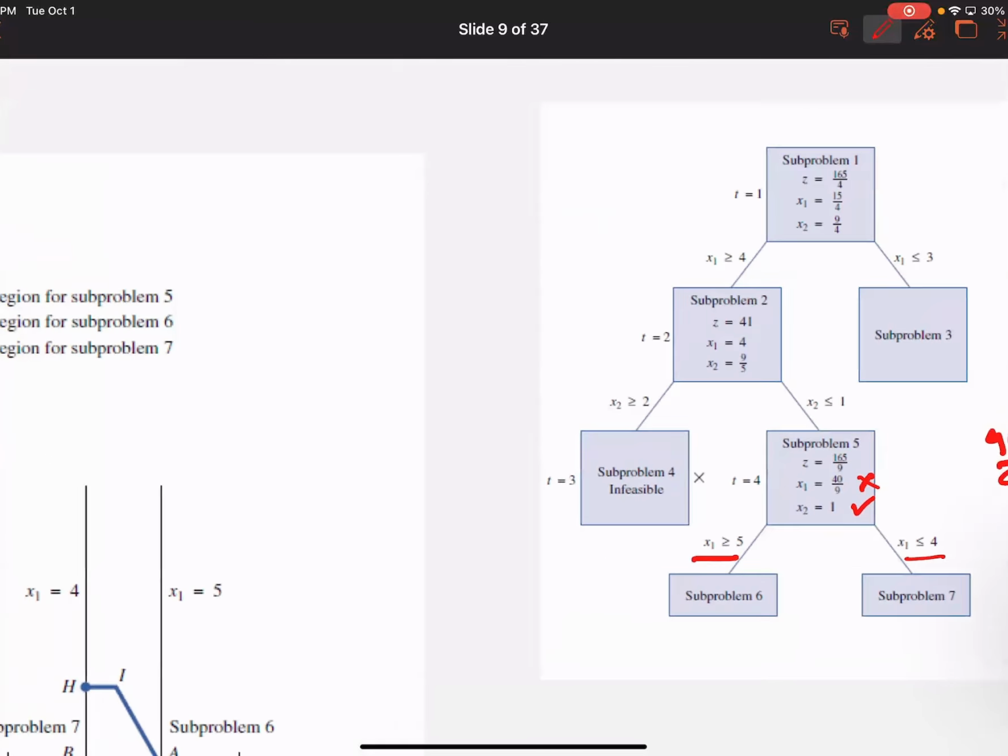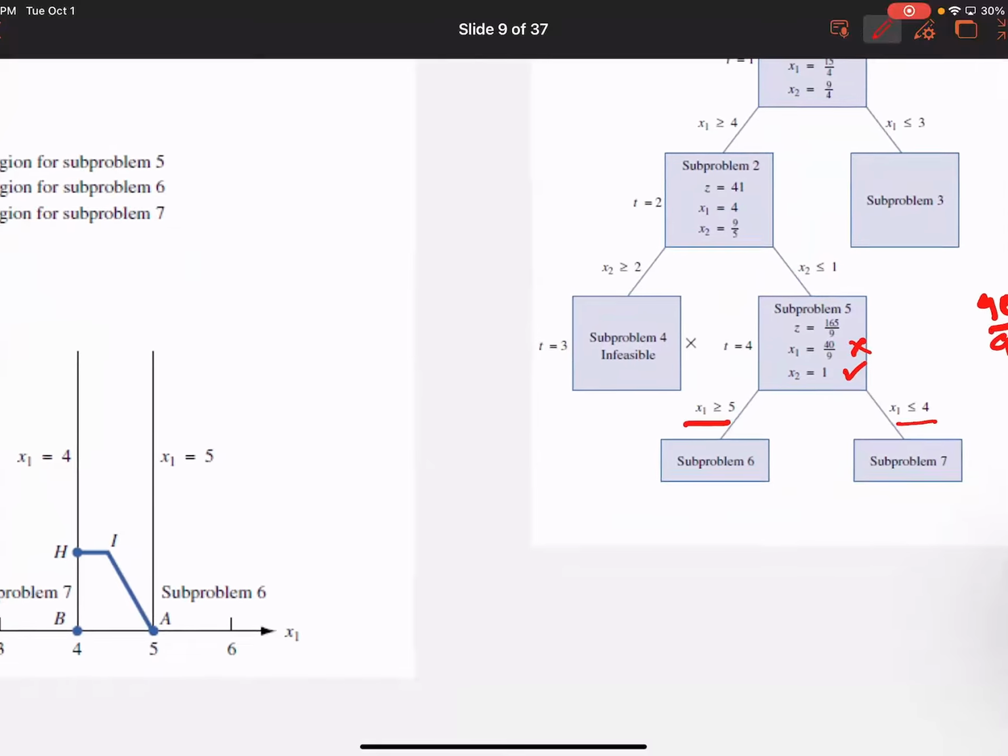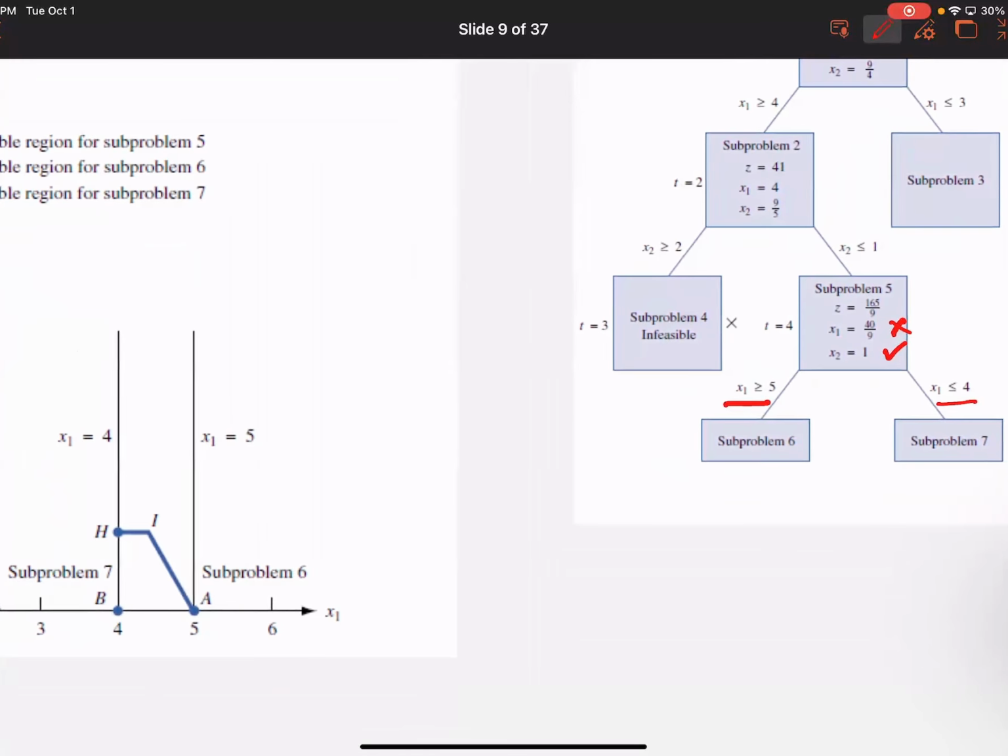So this original problem that we had was this part, right? This was subproblem 5, the shaded area. That plus this new constraint that says x1 greater than or equal to 5, which is this point.